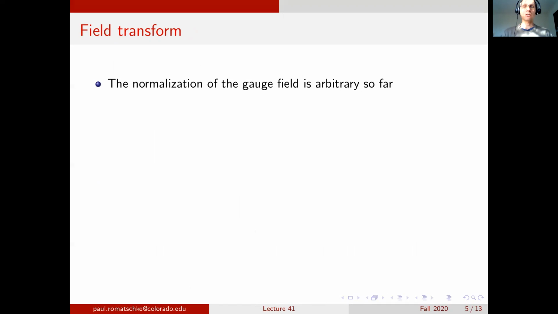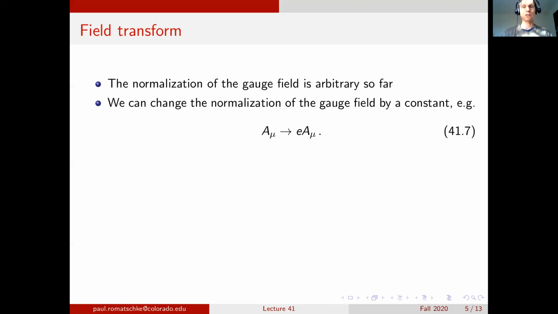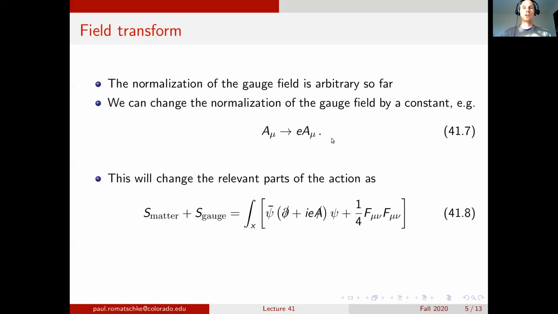Since the normalization of the gauge field is also arbitrary so far because it drops out from the path integral, we can change the normalization of the gauge field by, for instance, multiplying all occurrences of A by a constant, such as A goes to E times A. If we do this, then the sum of the matter and gauge part of the action are written in the following form.